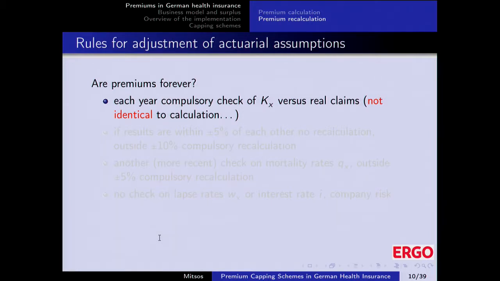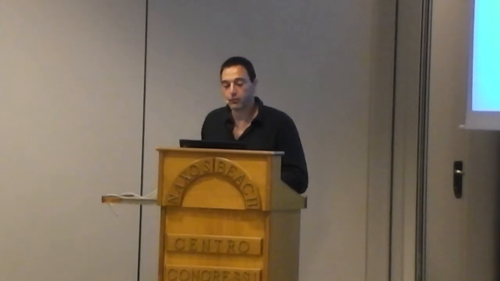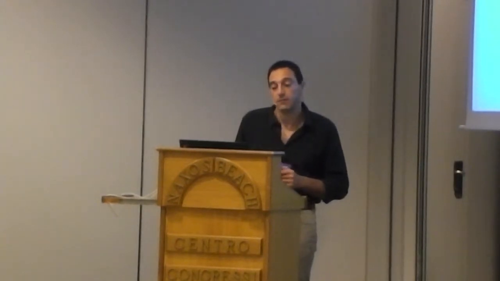Claims per capita or lapse rates may change. Therefore, there is a compulsory check of the claims per capita in a year versus the real claims every year. Again, by law, we have an exact cooking receipt how to do this.